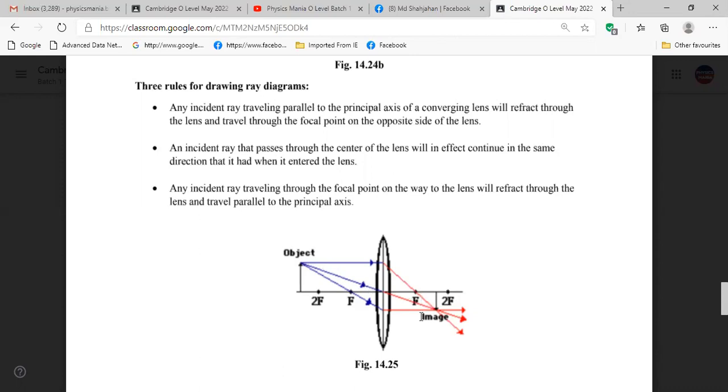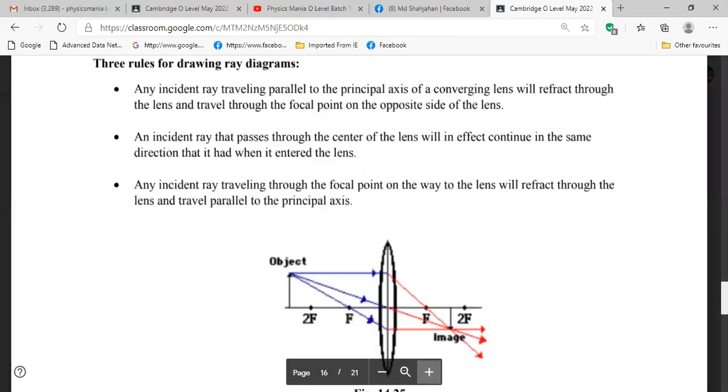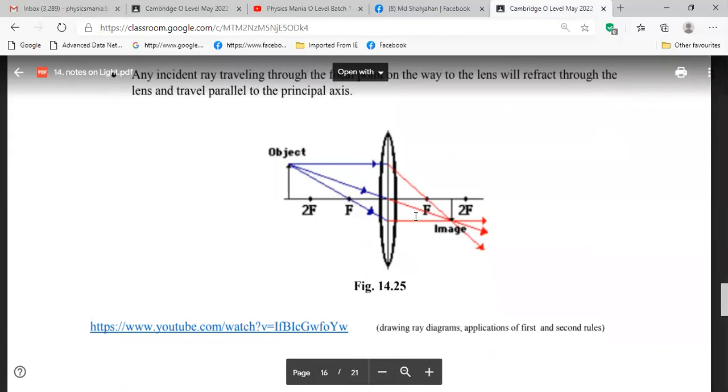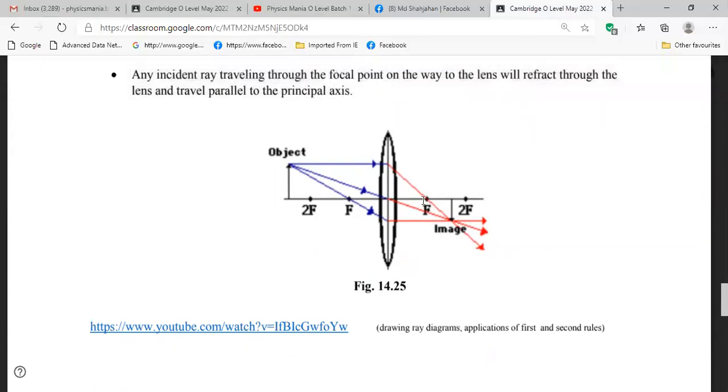Then we will draw either the lower one or the upper one. Is it clear? Yes, sir. That is the first ray or third ray we will do. We normally do the first ray so that it goes through the focal point, and we can continue it parallel on the other side.